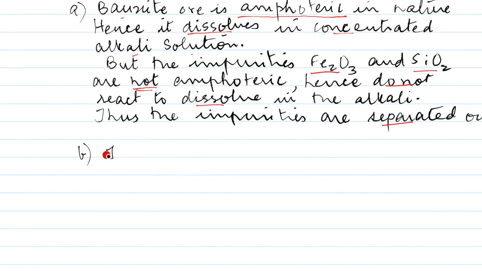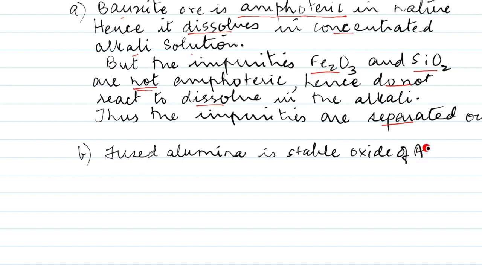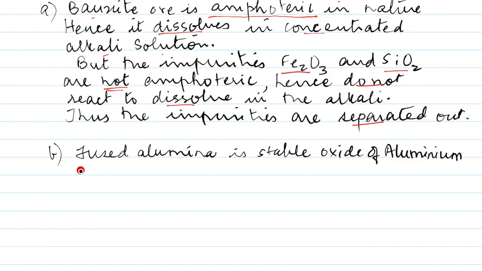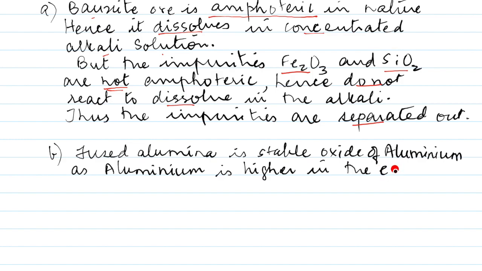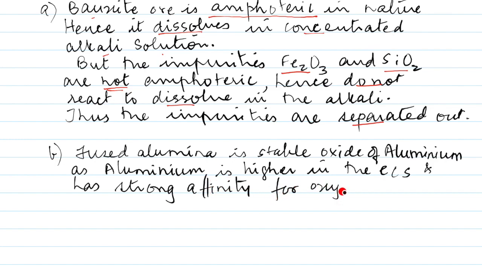Now fused alumina is stable oxide of aluminium, as aluminium is higher in the activity series, and has strong affinity for oxygen.